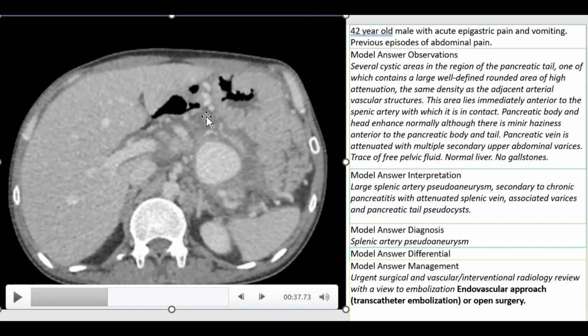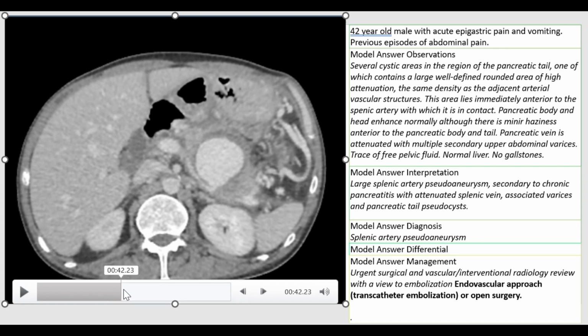All of these are consistent with pancreatitis, together with the history of acute abdominal pain with previous episodes of abdominal pain. The most likely diagnosis is acute on top of chronic pancreatitis, with two important vascular complications.